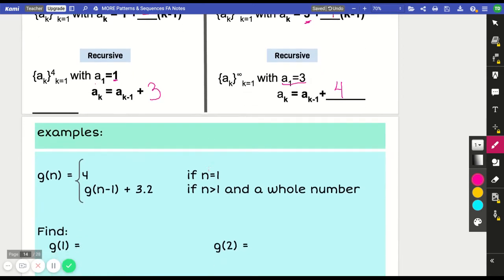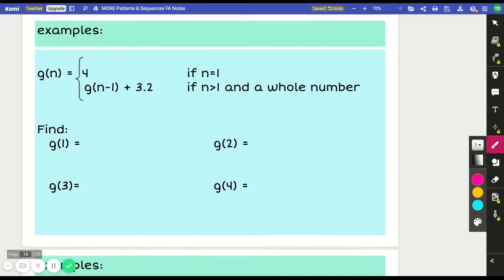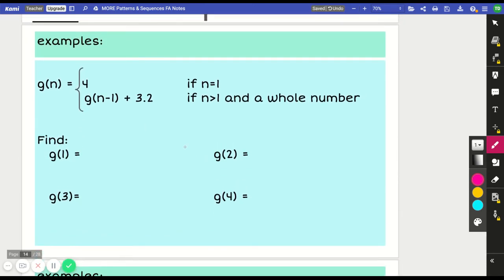All right. Let's do some examples. Here we have g of n is equal to, we have a piecewise definition here. So if n is equal to 1, then g of n will be 4. If n is greater than 1 and a whole number, then we're going to use this formula.